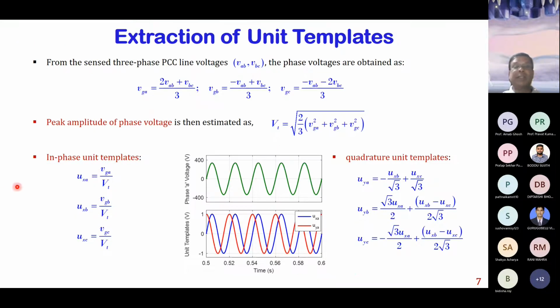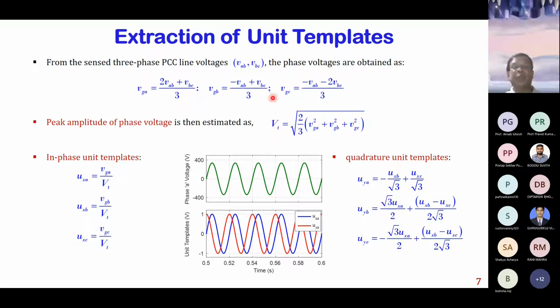The first task is the extraction of unit templates for synchronization. We sense the three-phase PCC line voltages, that is VAB, VBC, and VCA may not be necessary because with VAB, VBC, we are able to find out the voltages VGA, VGB, and VGC using these formulas.